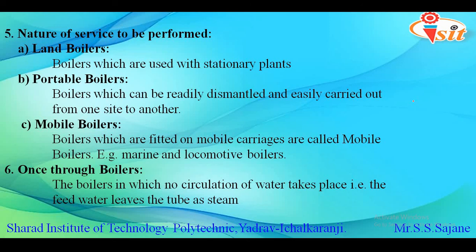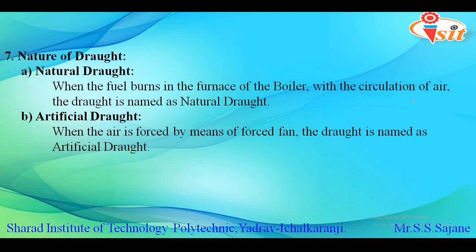And the last classification of steam boiler is according to the nature of draught. In this we again have two types: natural draught and artificial draught. When the fuel burns in the furnace of the boiler with the circulation of air, the draught is called a natural draught, whereas if the air is forced by means of a forced fan, then the draught is called artificial draught.